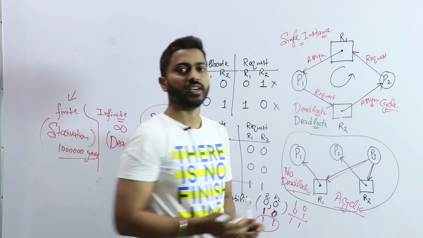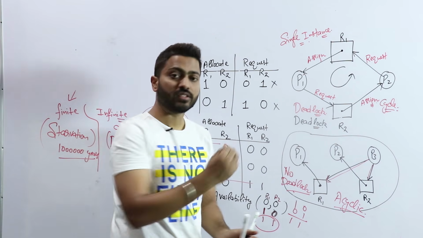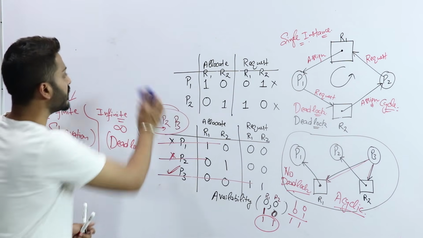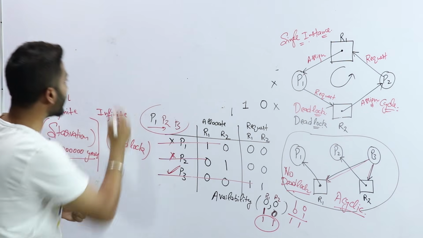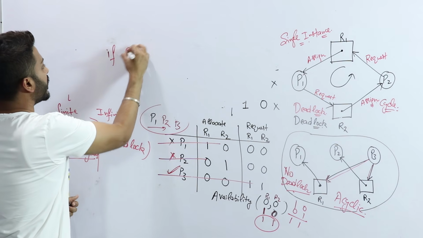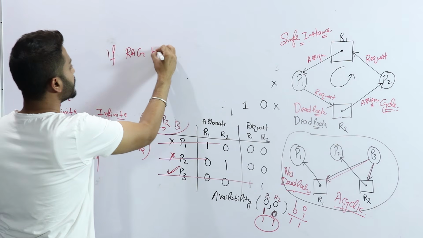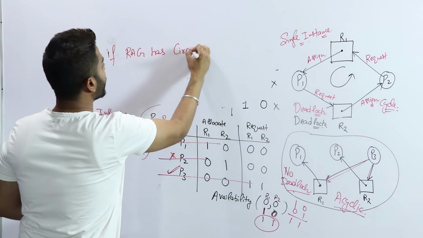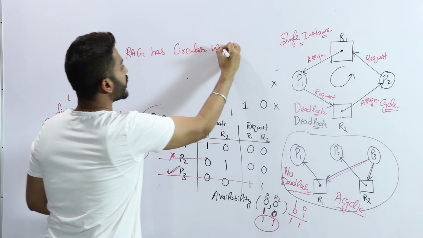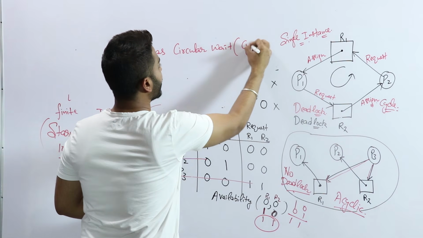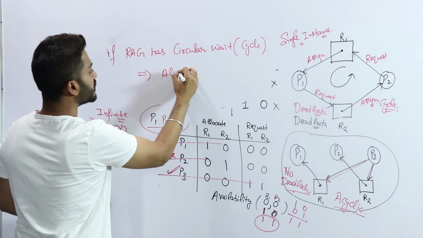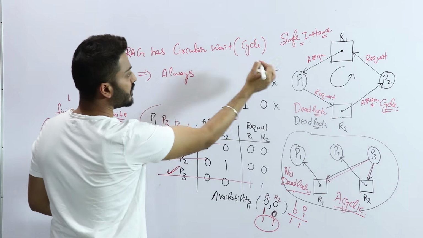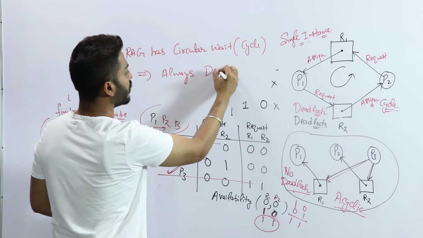If there is a circular wait in a RAG, which means a cycle, then there will always be a deadlock.